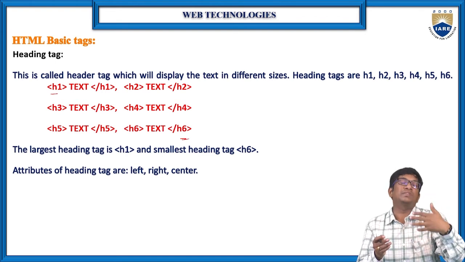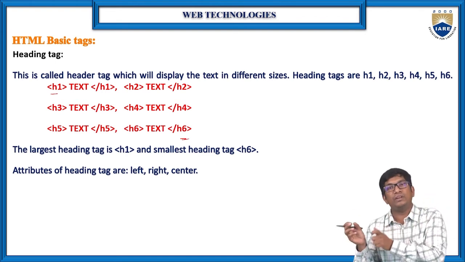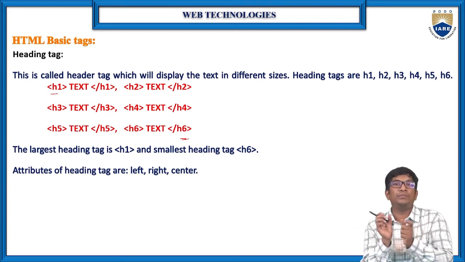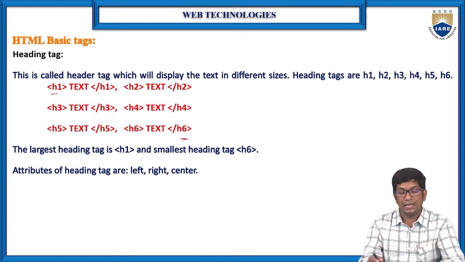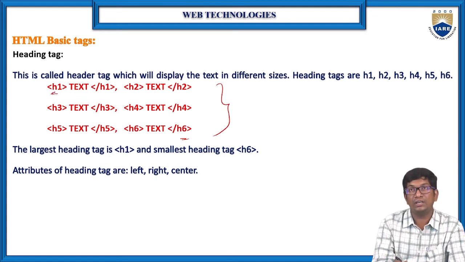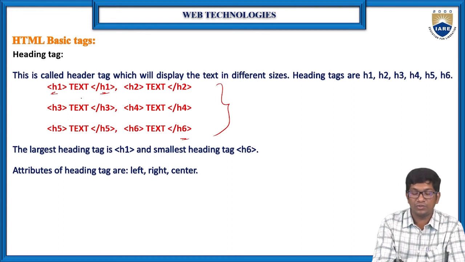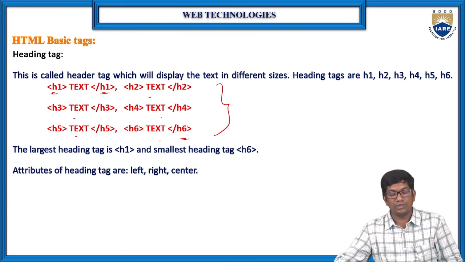The subsection you have to display in small size. The sub-subsection you have to display in very small size. And text in a particular size. Then you have to use heading tags. So the start tag is H1 and the end tag is H1. Like that we have H1, H2, H3, H4, H5 and H6. So in different sizes you can display the text.